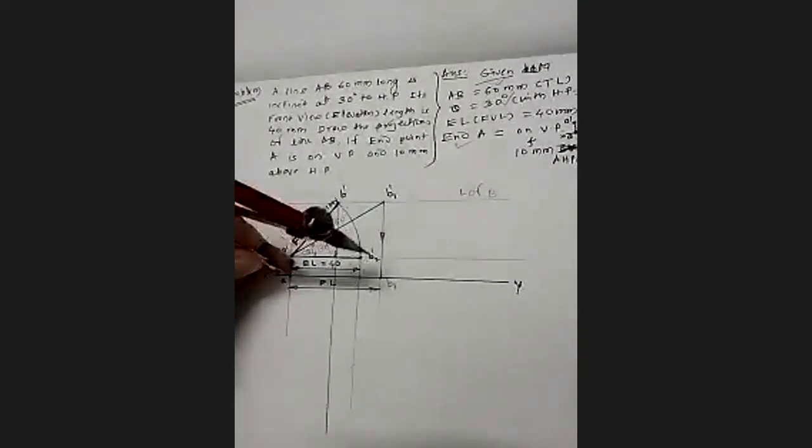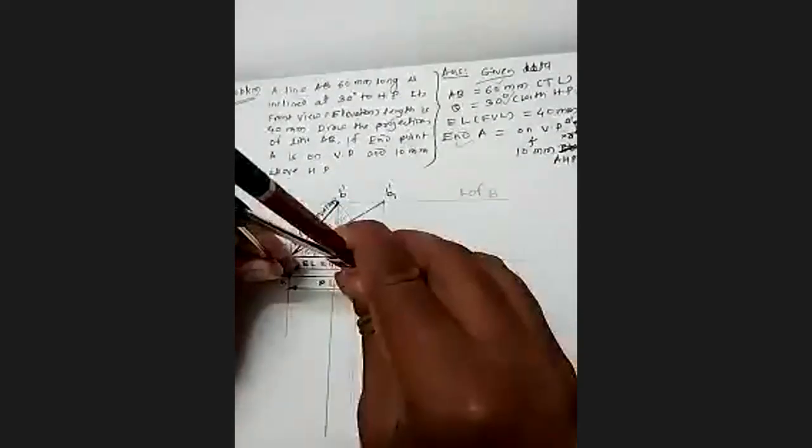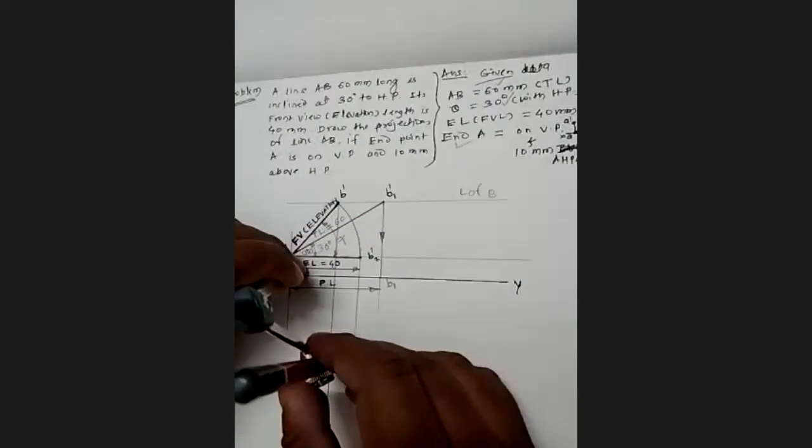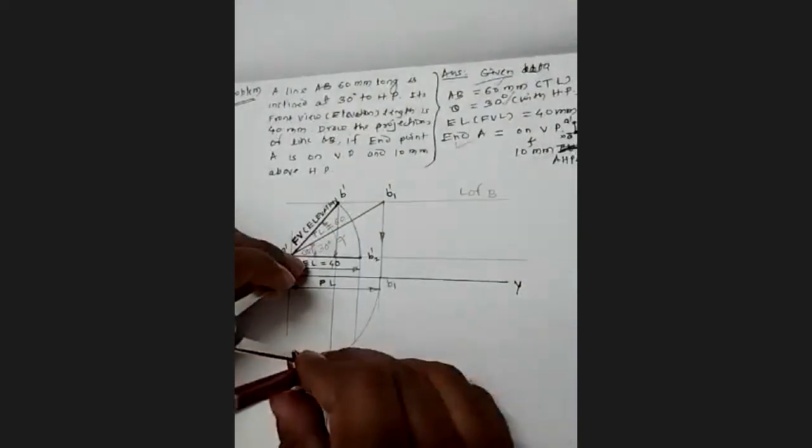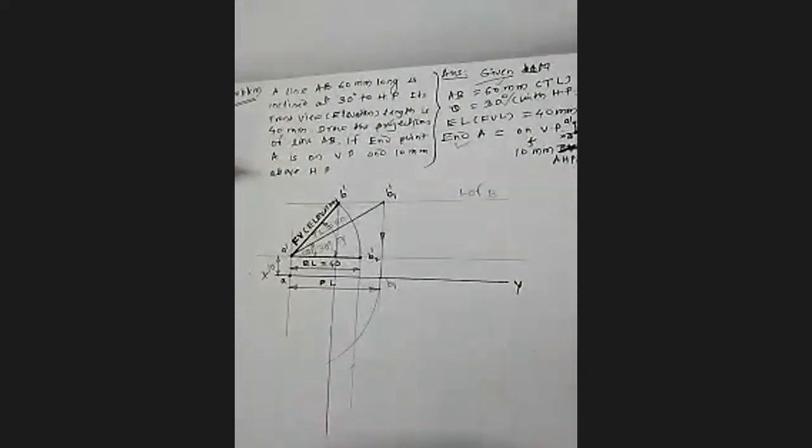Similarly, second option, take the PL and take an arc till it cuts this locus, the second projector, the B point projector.